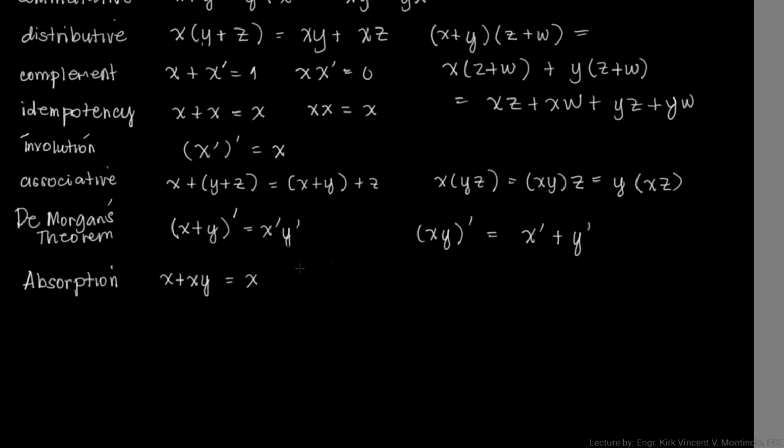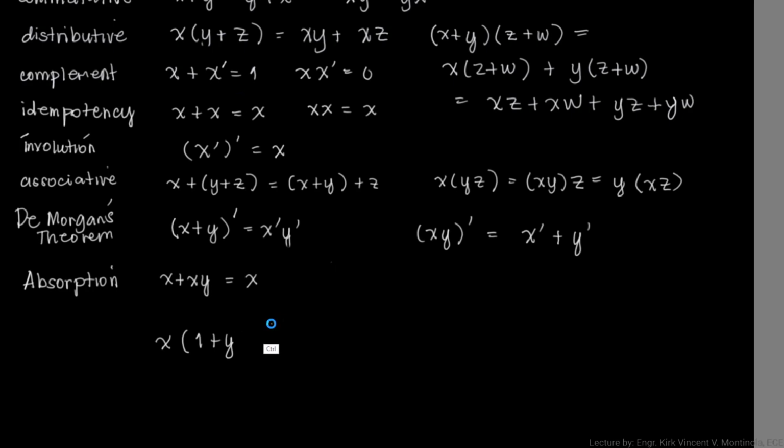So how do we arrive at this? You can factor out x, then 1 plus y. Whatever the value of y here, it can be 0, it can be 1. Whatever the value of y added to 1, the result is always 1. So that's why we can simplify this as 1. That's why the remaining term is x. So that's why it's an x.